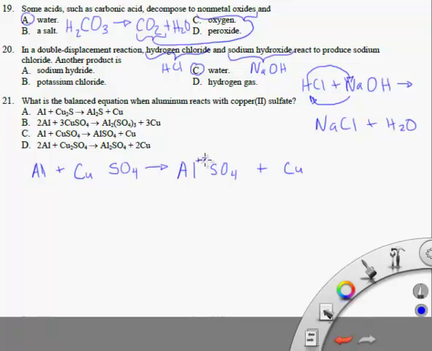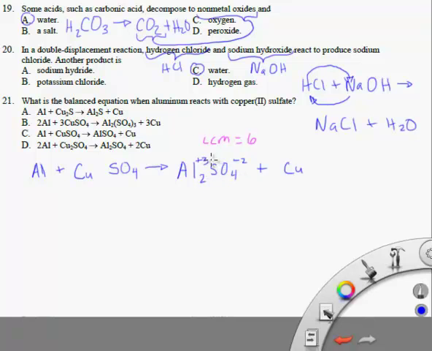Now, what are the subscripts for aluminum and the sulfate in this case? Aluminum forms a +3 charge. Sulfate again is -2. If you recall, we can use the least common multiple method, LCM. The least common multiple between 3 and 2 is 6. So our subscript for aluminum needs to be 2, because 2 times 3 is 6.